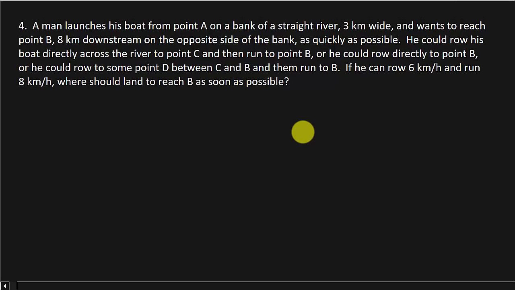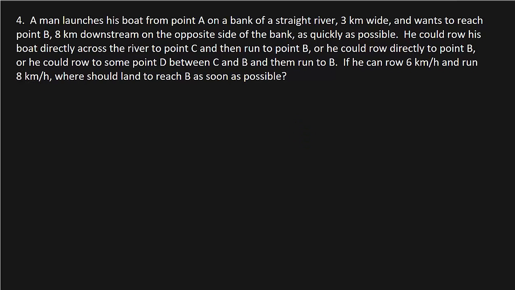All right, what about this one? All right, so for this example, we have a man launches his boat from point A on the bank of a straight river 3 kilometers wide and wants to reach point B 8 kilometers downstream on the opposite side of the bank as quickly as possible.